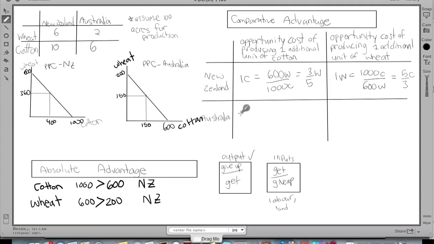Okay, and now for Australia. So 1 unit of cotton, so let's look over here. So we are giving up 200 units of wheat, and we are getting 600 units of cotton. So that means one additional unit of cotton costs 1/3 of wheat.